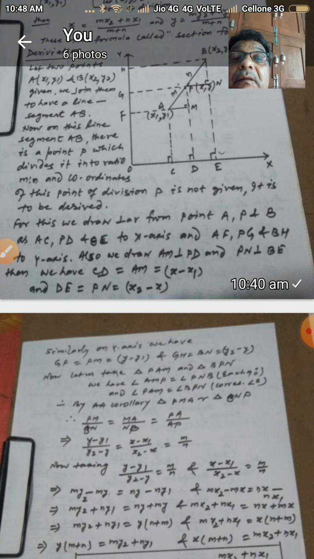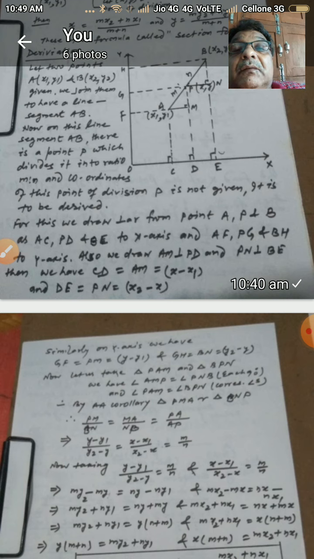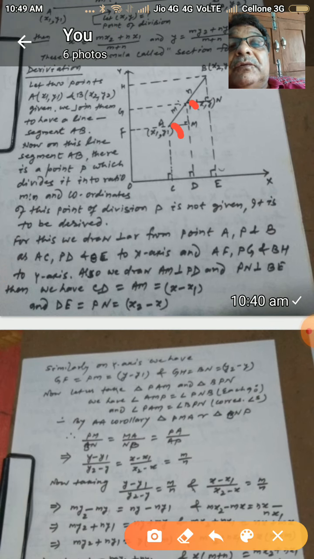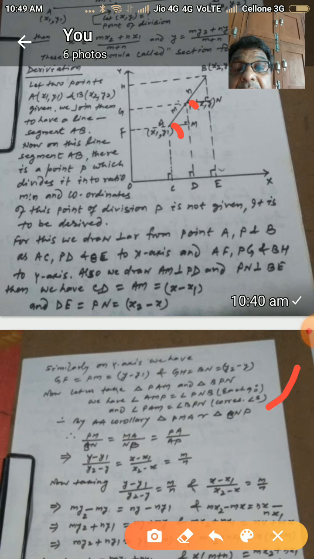No doubt they are right triangles. So we say in right triangles PMA and BNP, since angle PMA is equal to angle BNP, each 90 degrees, and one angle PAM is equal to angle BPN, corresponding angles, so by the AA corollary we have triangle PMA similar to triangle BNP.